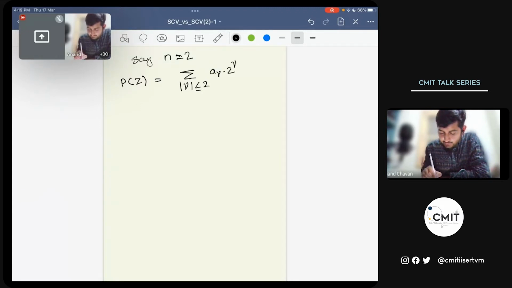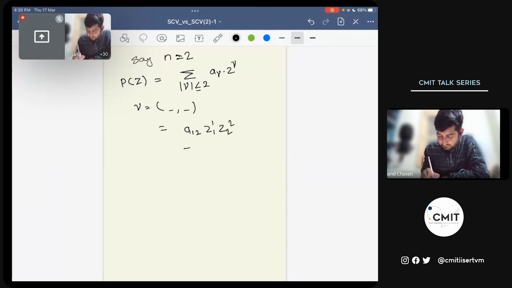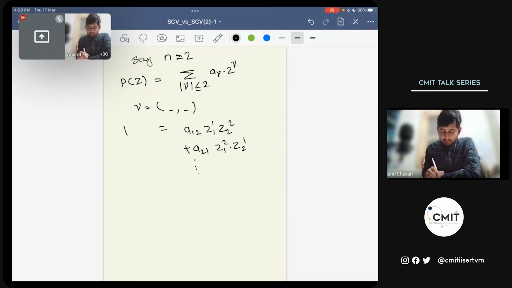So nu is a vector actually, and there are two natural numbers whose possible values we can put inside this. Let's say a12 z1 z2 squared plus a21 z1 squared z2. So this is typically a polynomial in Cn.